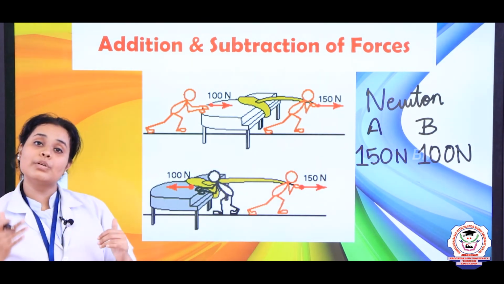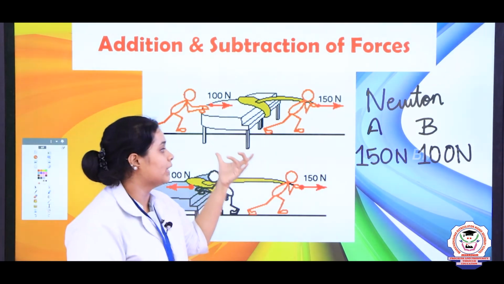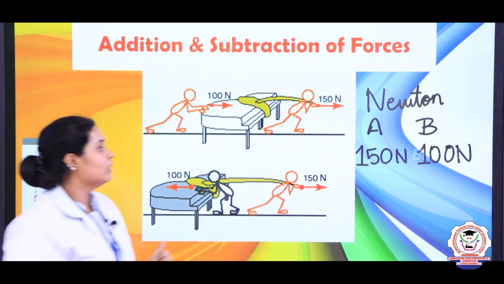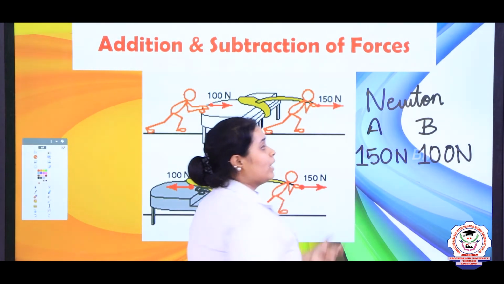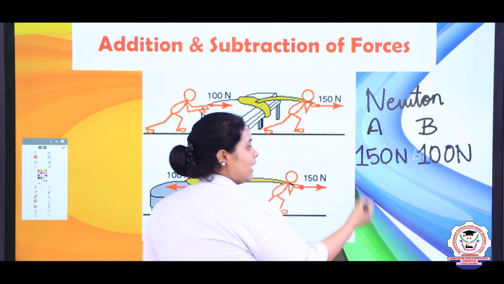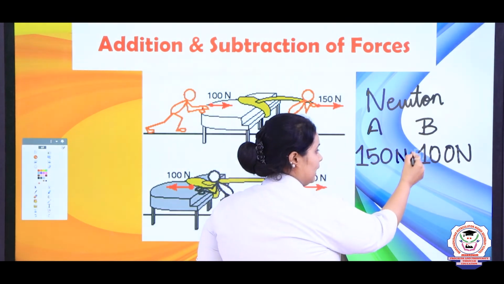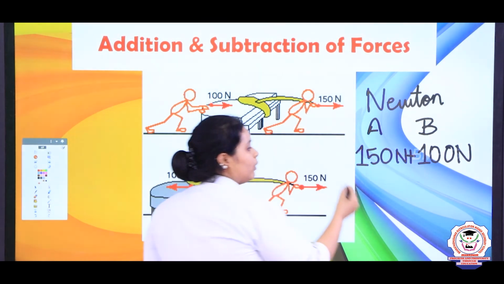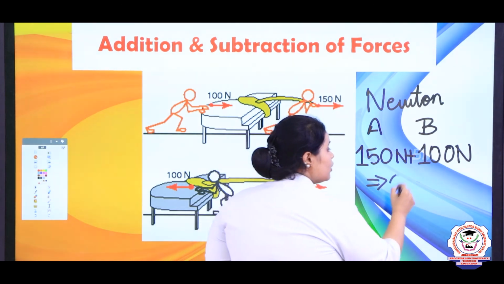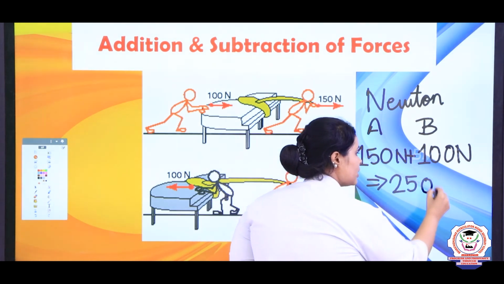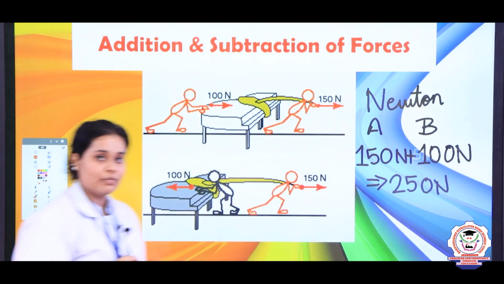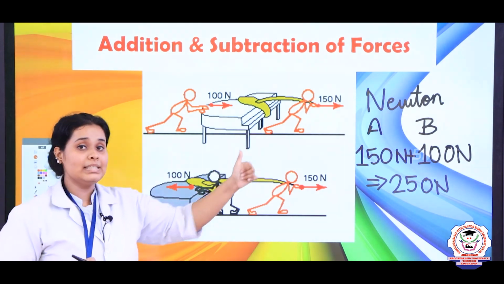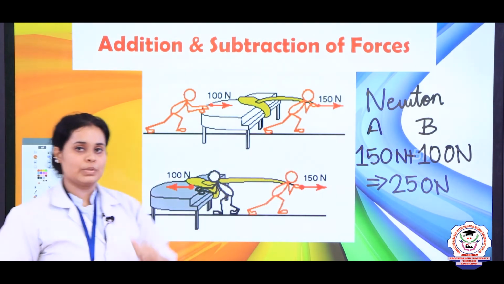So, wherever the force is applied in the same direction, you can just add, okay. So, the force applied by A and B will be written as 150 Newton plus 100 Newton, which is 250 Newton. So, we can say that the force applied by A and B is 250 Newton.